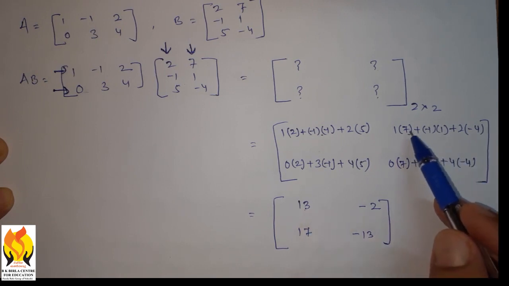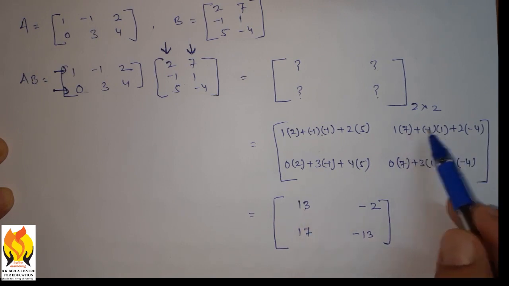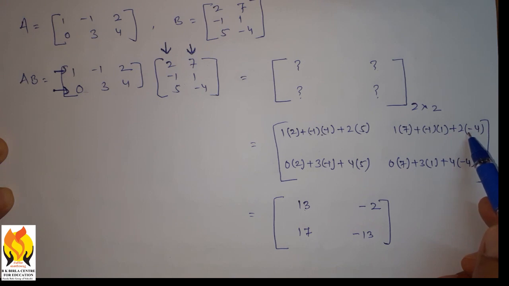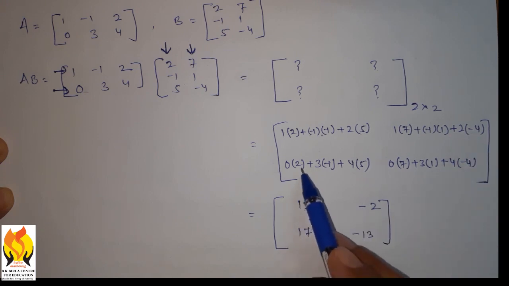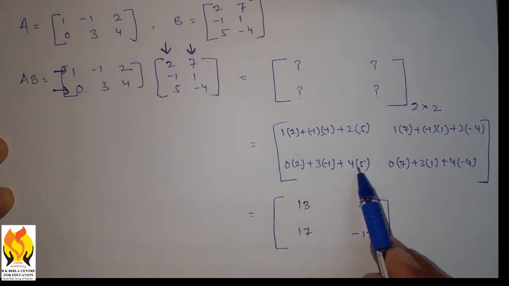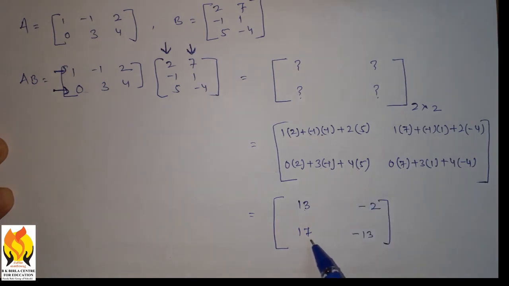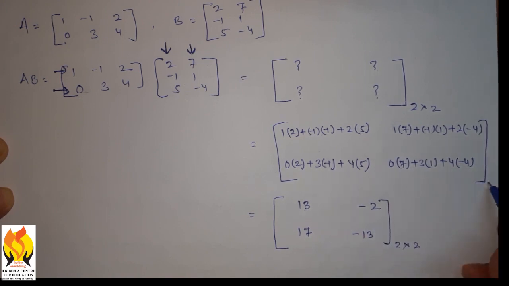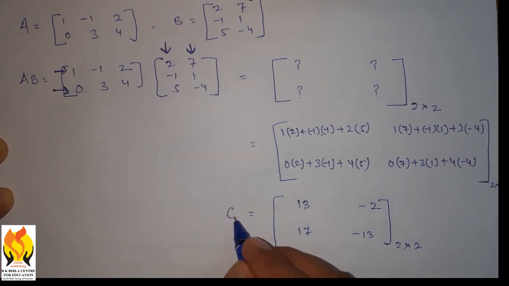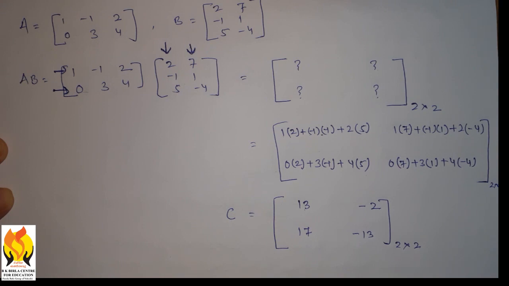Now here 7 minus 1 is 6, 6 minus 8 is minus 2. Now here 0, minus 3 plus 20 is 17. 0, 3 plus 3 minus 16, 3 minus 16 is minus 13. So we have a matrix of order 2 by 2 as the resultant matrix C after multiplication.